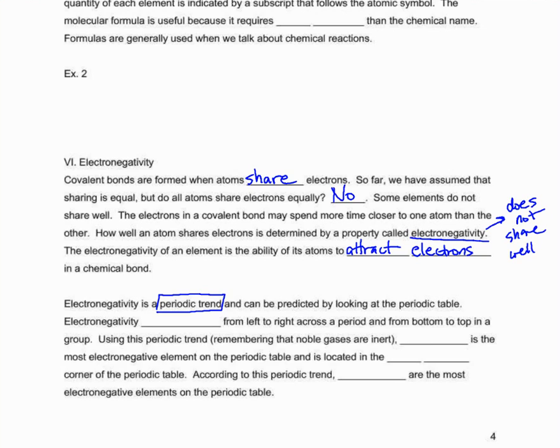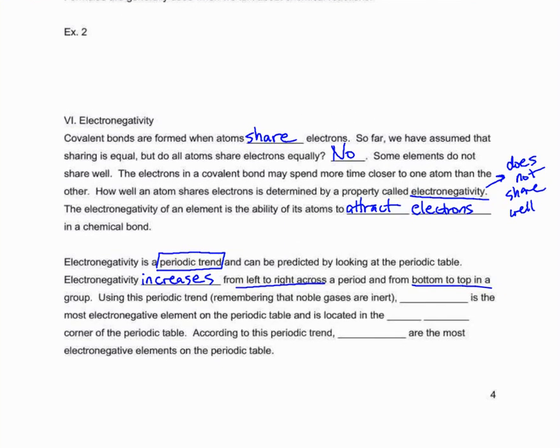So here's how it works. Electronegativity increases from left to right across a period. And it increases from the bottom to the top. So when I am thinking about periodic trends, what I like to do is draw a rough sketch of the periodic table. Just enough so I get an idea of the basic shape.